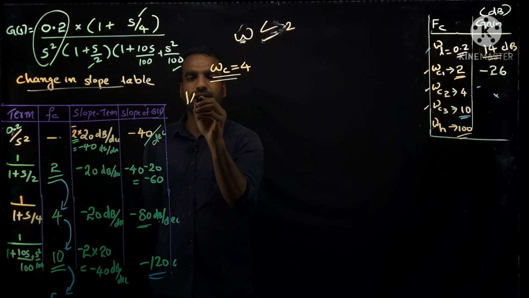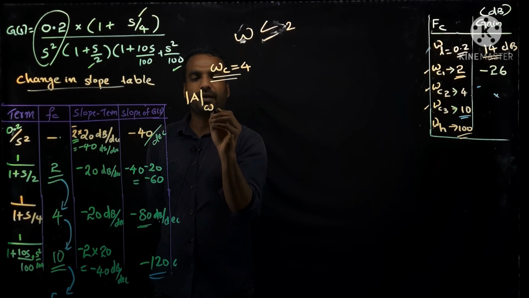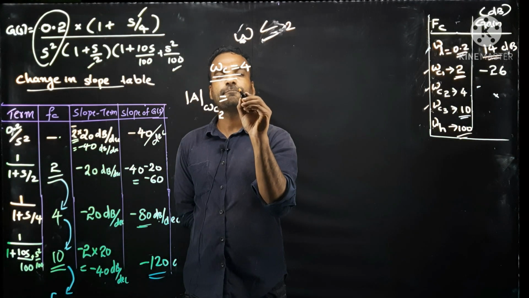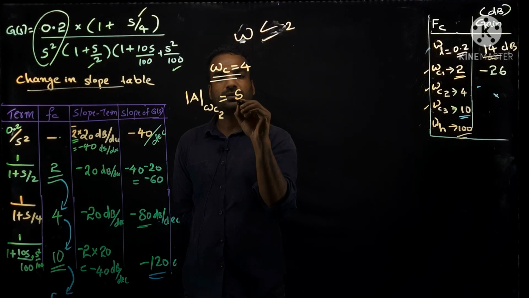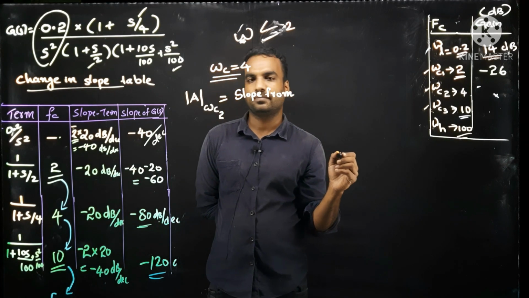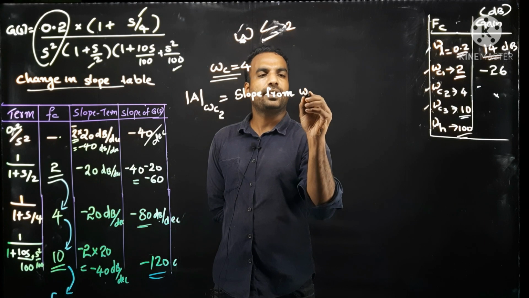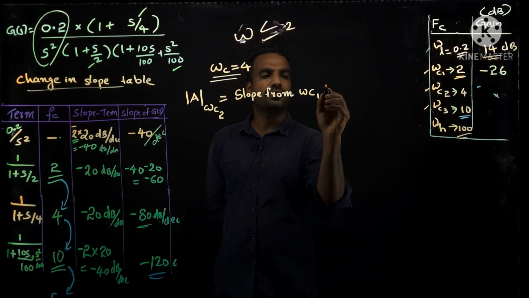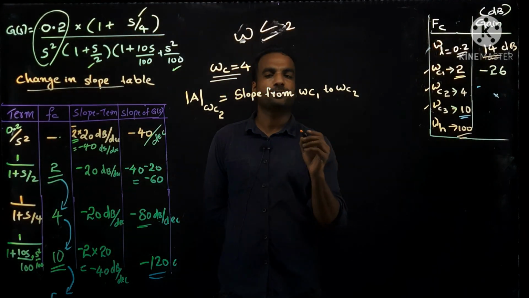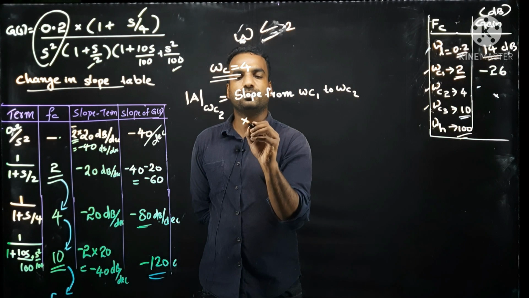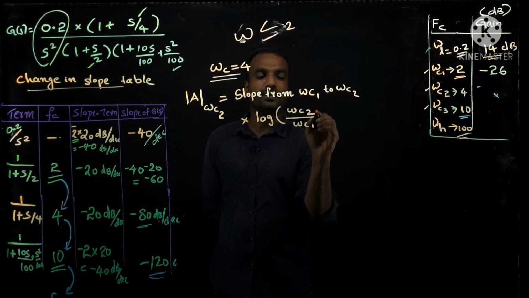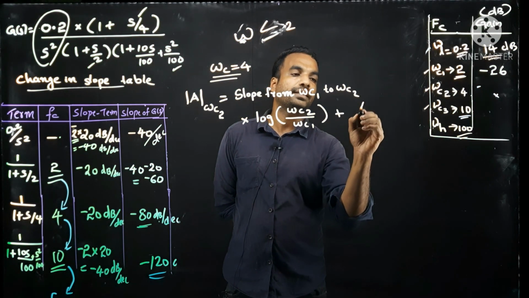Then we have to use the new equation: gain at omega C2 is equal to slope from omega C1 to omega C2, or first corner frequency to second corner frequency, into log of omega C2 by omega C1, plus the gain at the last point.